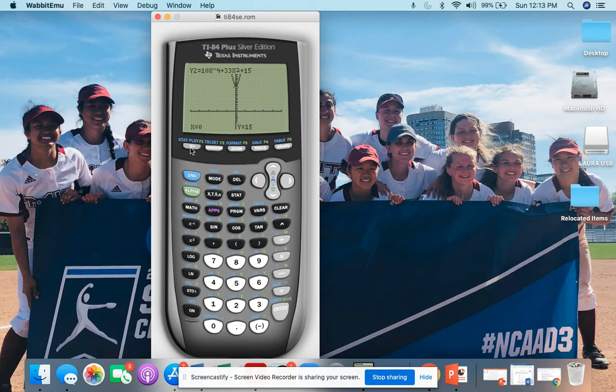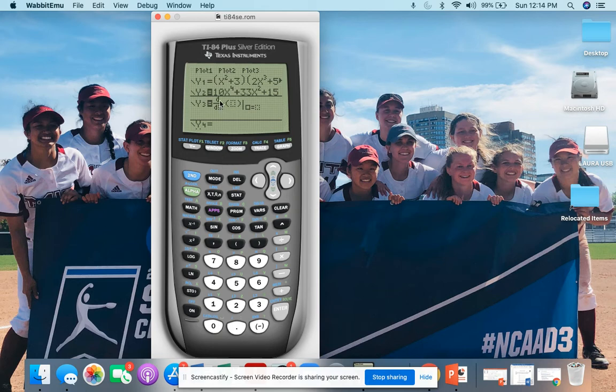But here's something. Now remember, to get this rule, I had to do the product rule, or I had to do algebra. If you have a calculator in your hand and you don't need the derivative rule, you just need the graph of the derivative, let me show you a neat little trick here. Hit Math 8.